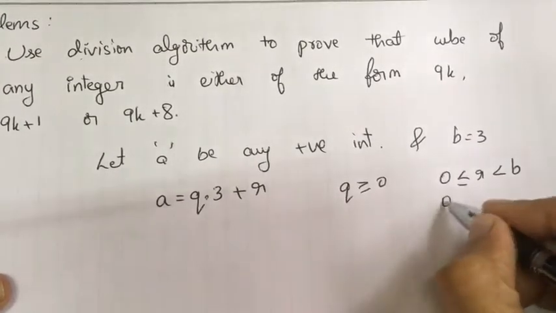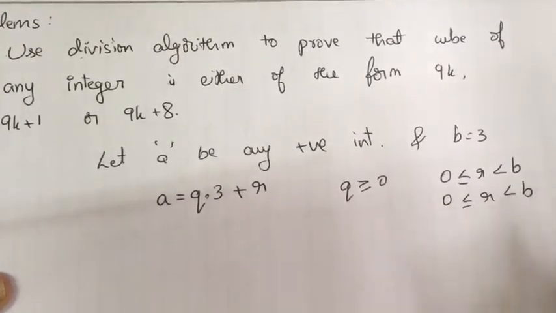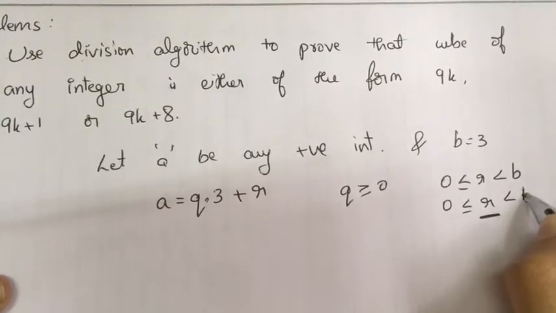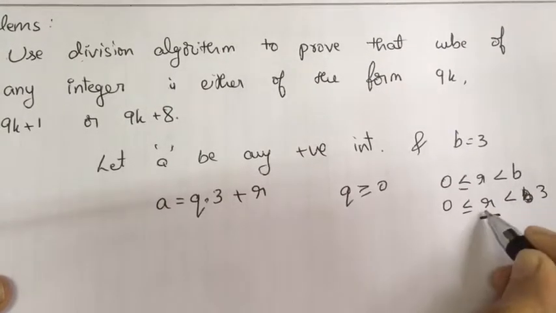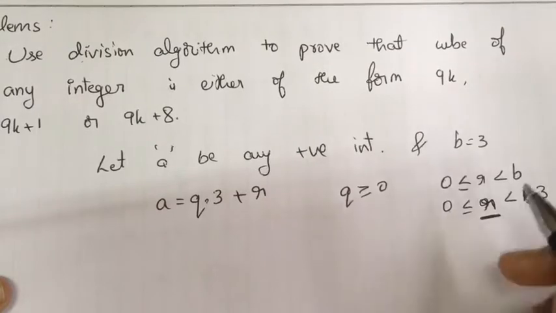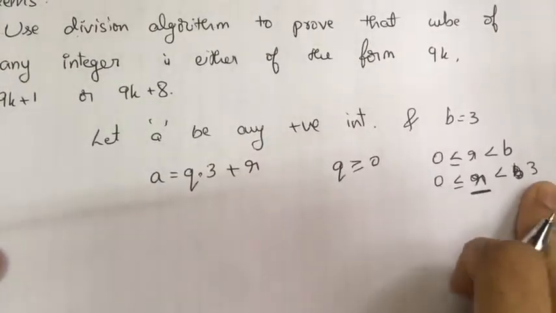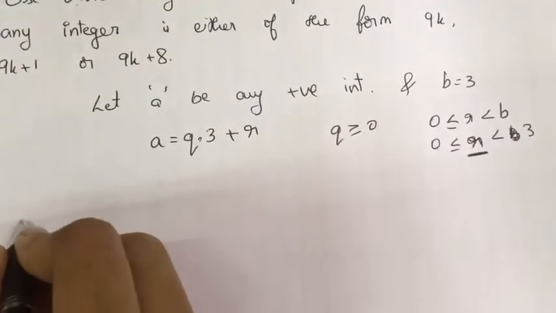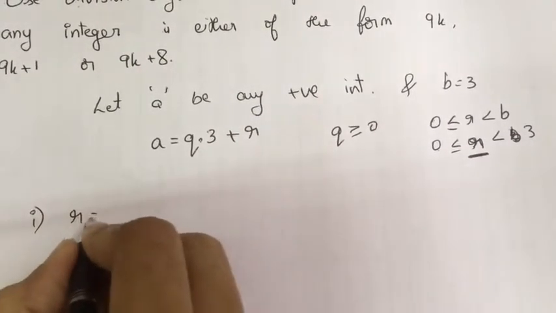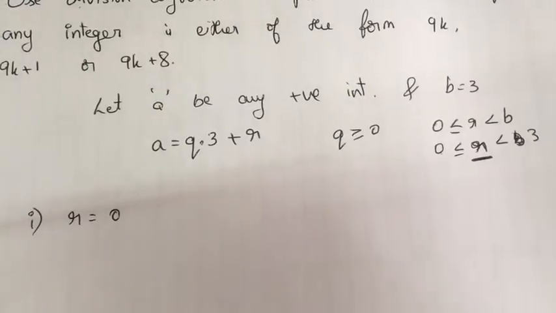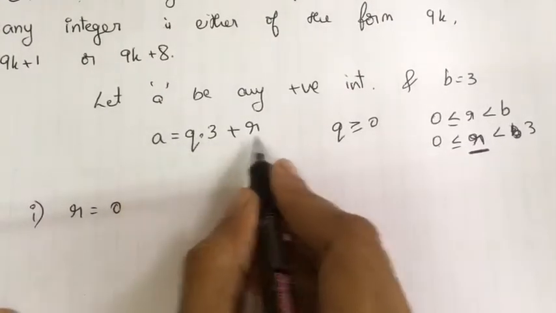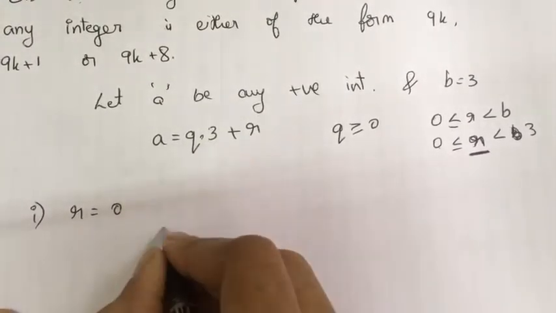The value of b is 3, so the possible values for r are 0, 1, 2. You cannot take 3, right? Because r is less than 3. So in the first case I'll take the remainder equal to 0. So what happens when the remainder is 0? a equals 3q.